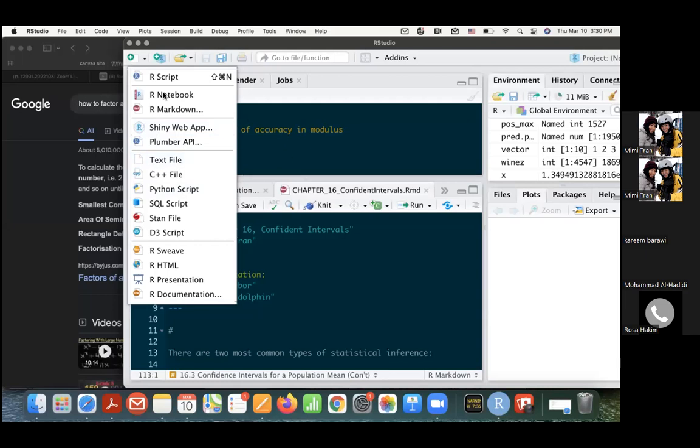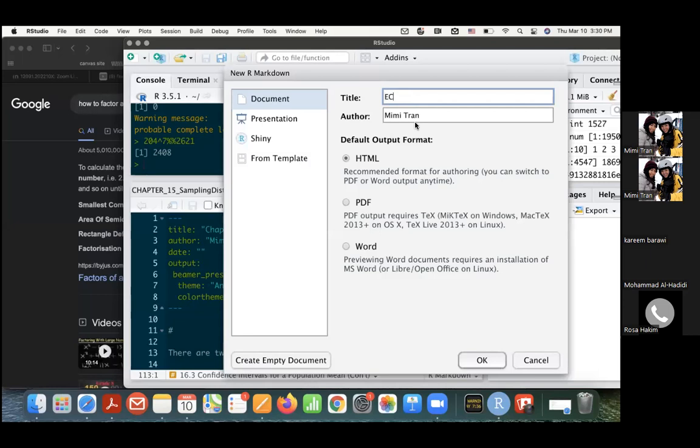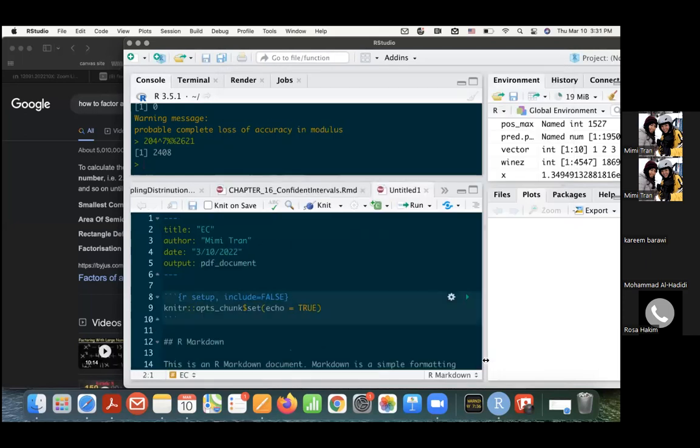Okay, so R Markdown. I'm lazy now and I still want to type too much. There you go. And then if I need it, it's gonna ask me to save.